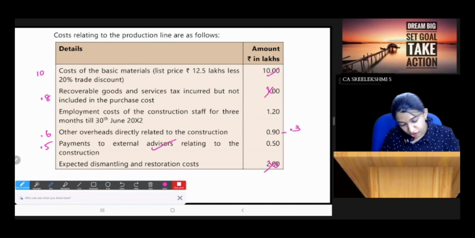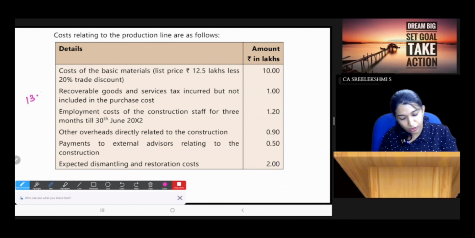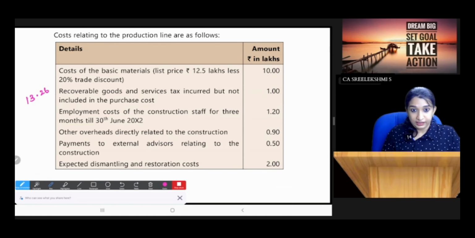Expected dismantling cost, not this figure, 1.36. 10 plus 0.6 plus 0.5 plus 1.36. Total, if you try it, is it coming to 13.26? Yes.